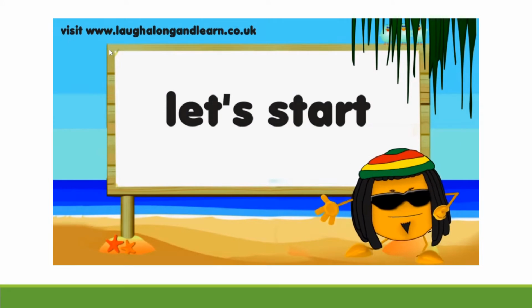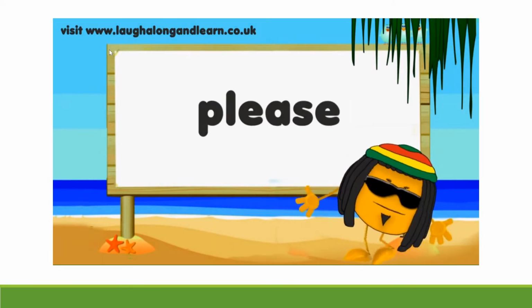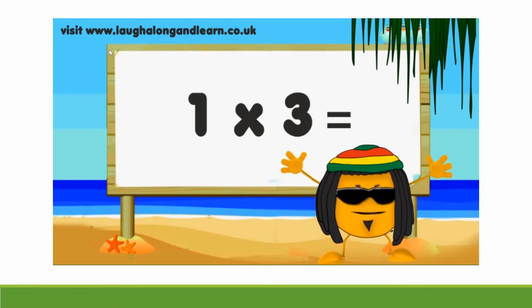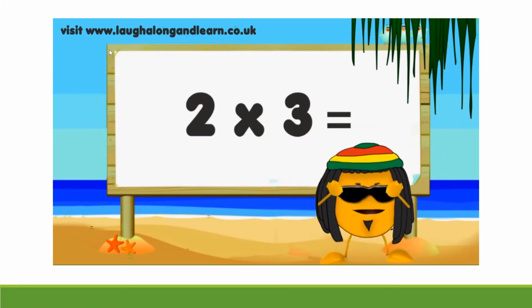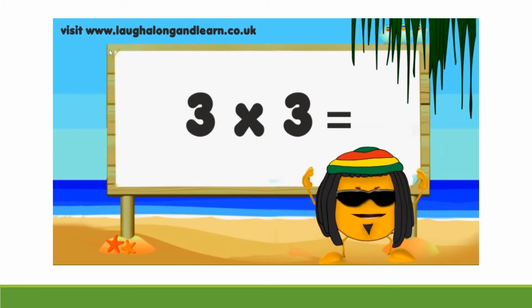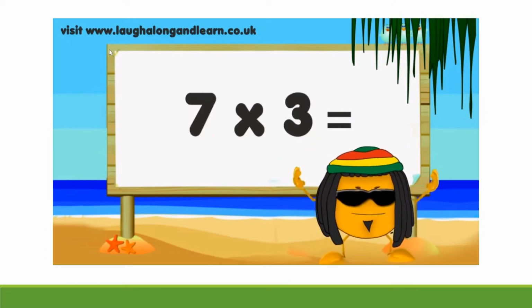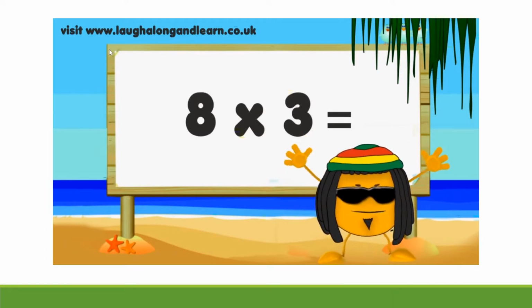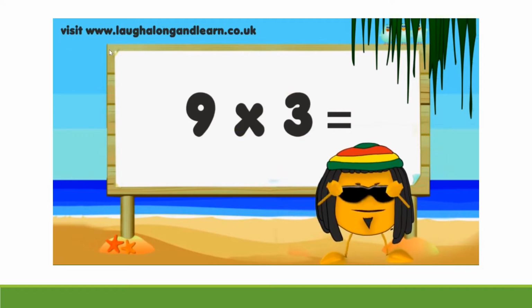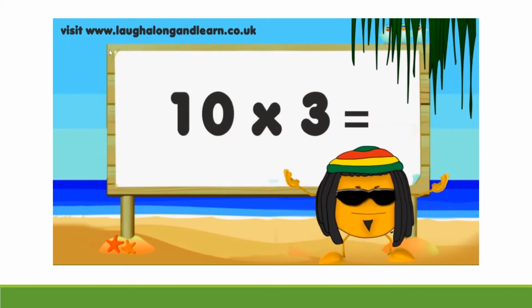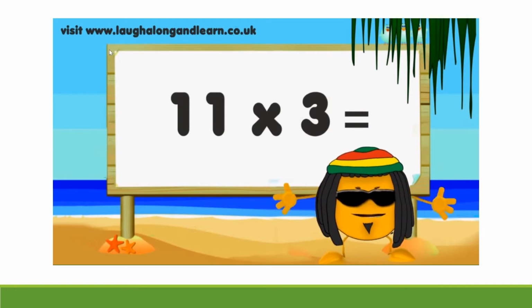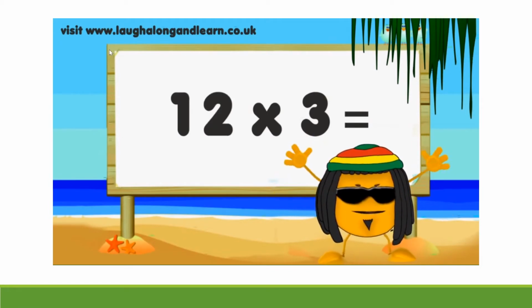Let's start now, please. 1 3 is, and 2 3s are. 3 3s are. 4 3s are. 5 3s are, and 6 3s are. 7 3s are. 8 3s up, 9 3s up, 10 3s up, 11 3s up, 12 3s up.